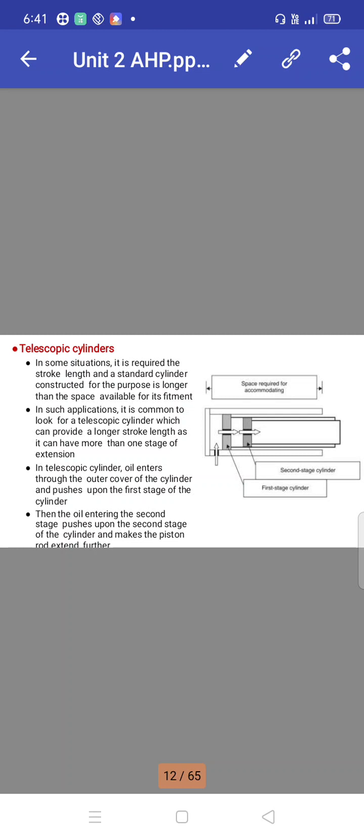In telescopic cylinders, oil enters through the outer cover of the cylinder and pushes upon the first stage of the cylinder. Then the oil entering the second stage pushes upon the second stage of the cylinder and makes the piston rod extend further.